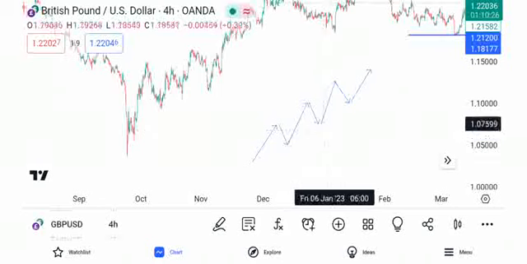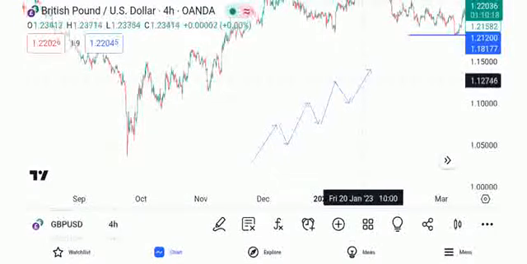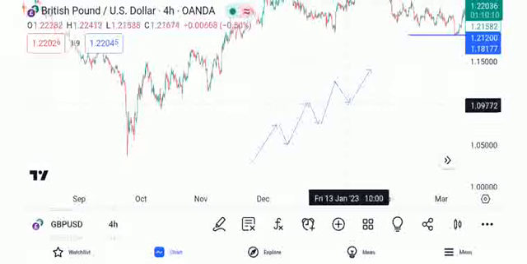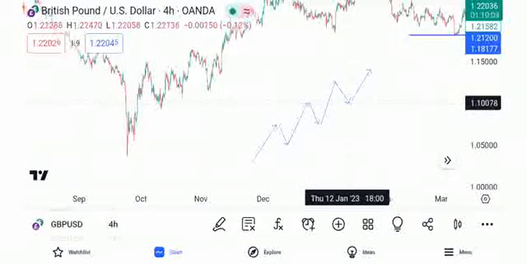Now, for example, this is the last higher high here that was broken. For us to know the market is still going up, it will reverse back down to this higher high and push up. But for this market to change direction, it has to break this higher low here. I don't know if you are getting it. It has to break this higher low around this area, and this is the higher low.